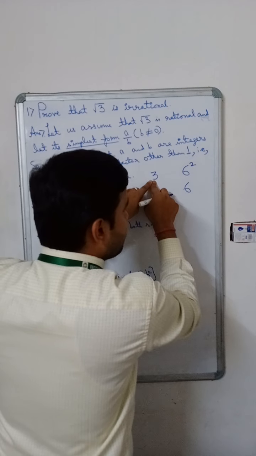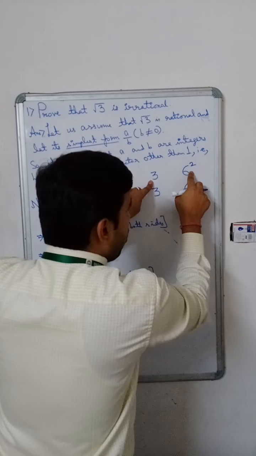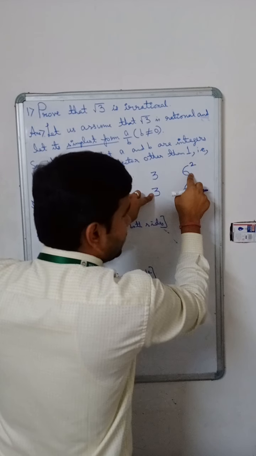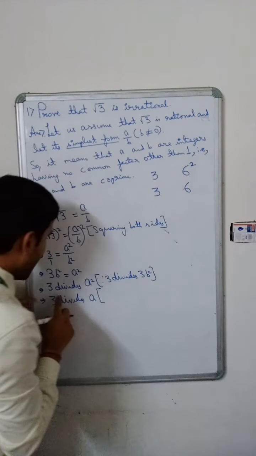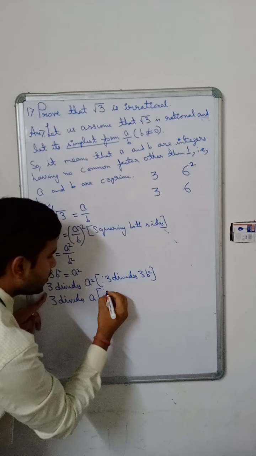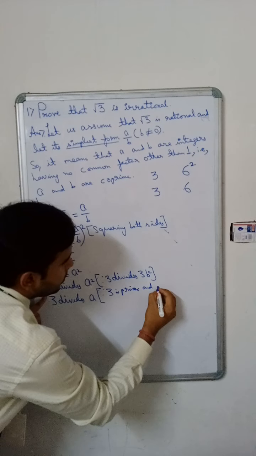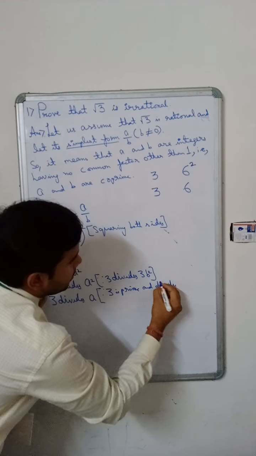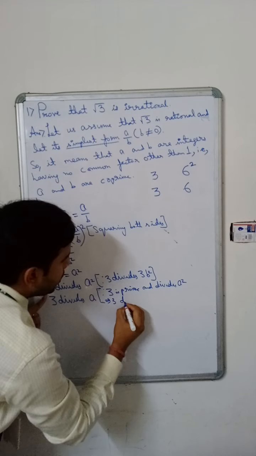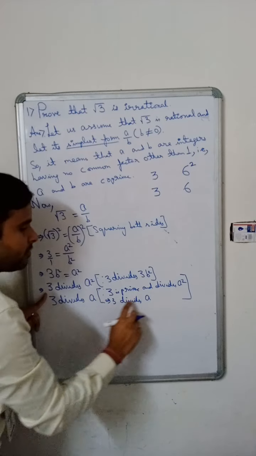So as 3 is a prime number and divides a perfect square, that is 36, it will also divide the square root of the perfect square, that is 6. So as 3 divides a square, where 3 is a prime number, it implies 3 also divides a. Note down, this is a very important line.